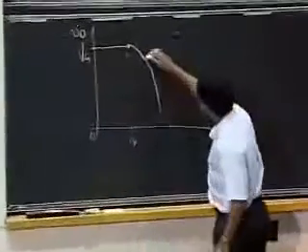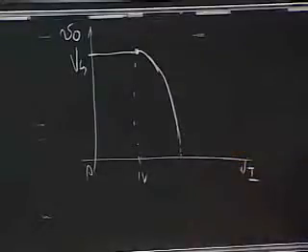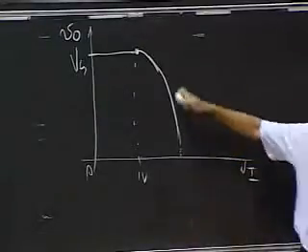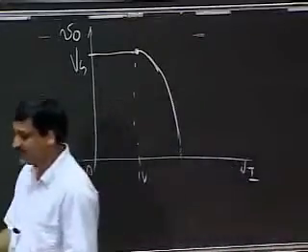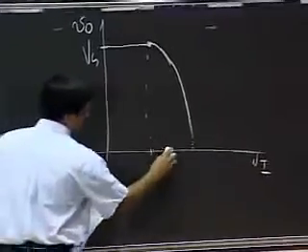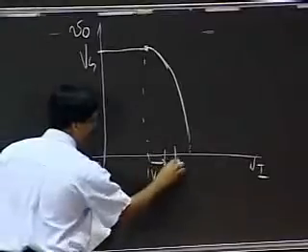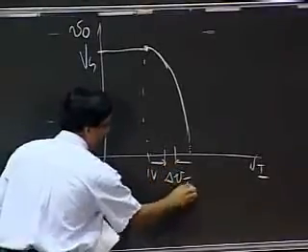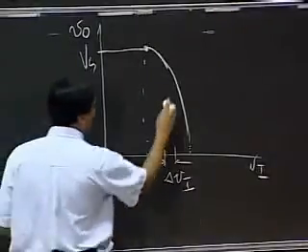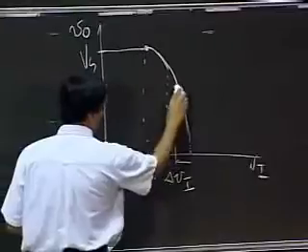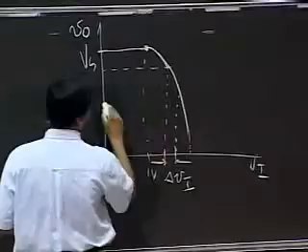So let's take a look at this waveform here. Let's not worry about what happens way down here. We'll talk about that a little later. But look at this curve here. I claim there is amplification in the following sense. Focus on some change in the input voltage, delta Vi. For that change in the input voltage, I get some change in the output voltage.